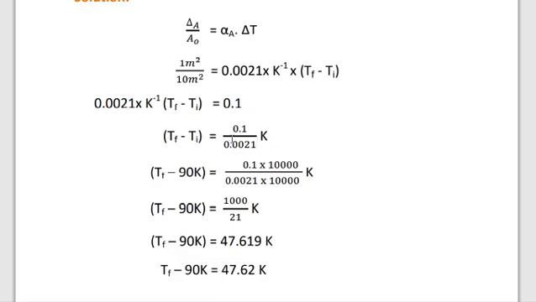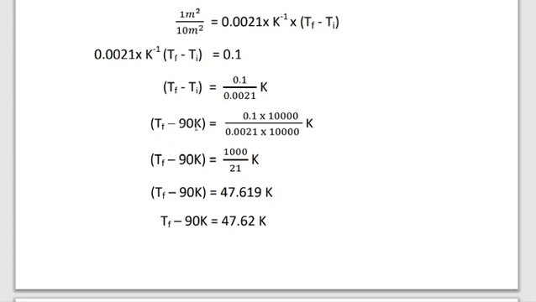Next, this 0.0021 goes to the other side, meaning it goes to the denominator. So TF minus TI is equal to 0.1 in the numerator divided by 0.0021 into K power minus 1. K power minus 1 goes to the numerator, meaning it becomes K. So TF minus 90 K, where 90 K is the initial temperature given, is equal to 0.1 divided by 0.0021.